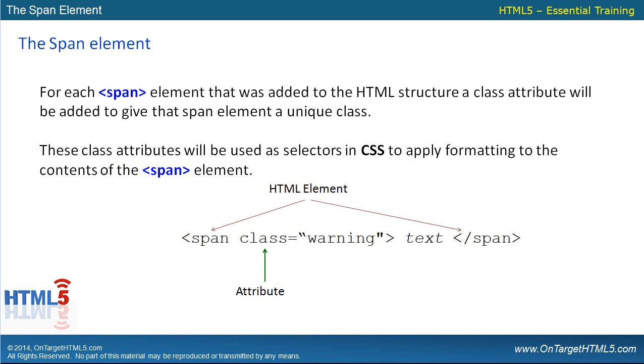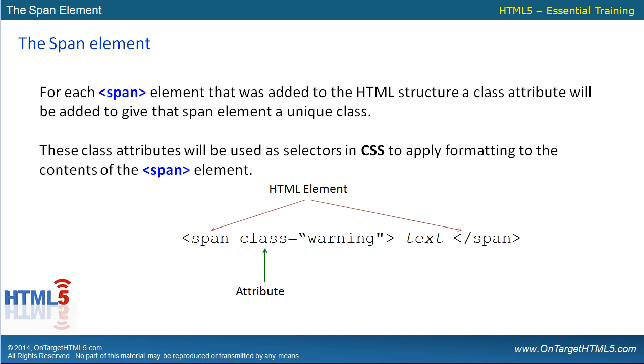For each span element that is added to the HTML structure, a class attribute will be added to give that span element a unique class so that we can address it in CSS. We can also give it an ID, but normally we don't. In span elements, we're normally using classes and not IDs. These class attributes will be used as selectors in CSS to apply formatting to the contents of the span element.